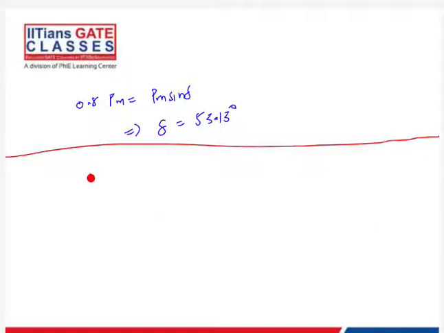It was M d squared delta by dt squared equals Ps minus EV by X sin delta. So let's try to linearize this equation. How do we linearize it? We take a small gradient.